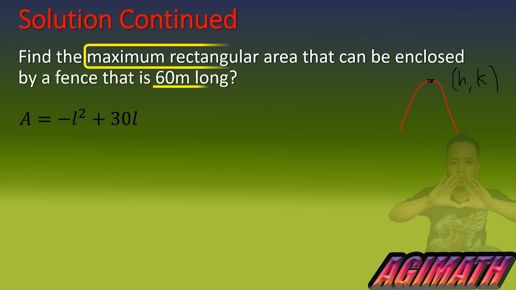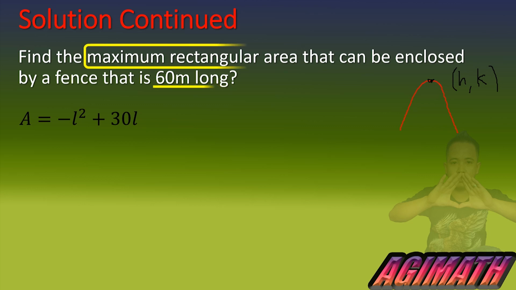So for this case, because we are asked about the maximum rectangular area, and as I said earlier, the area is just dependent on the value of L, then for the solution to become faster, we can just solve for the value of K because we are looking for area, or you can solve for the value of H, but you still need to multiply to find the area.